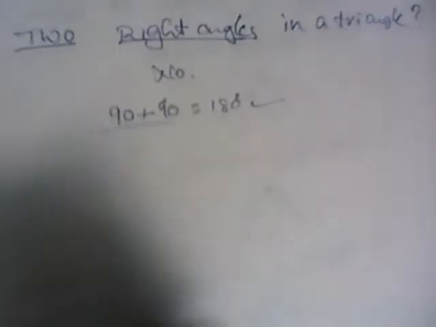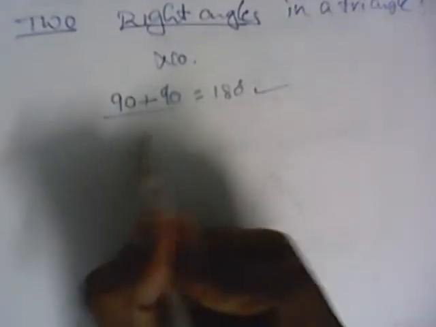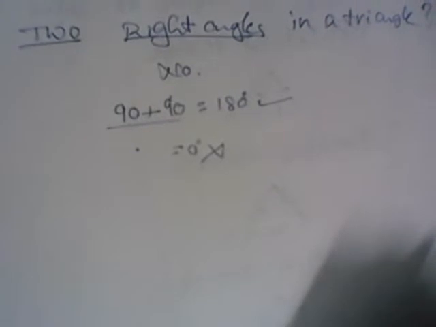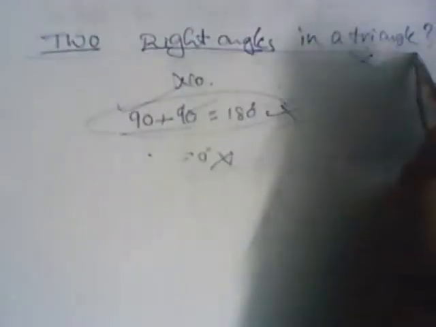But the triangle contains three angles. The next angle would have to be equal to 0. But no angle should be equal to 0. If any of the three angles is equal to 0, then there is no triangle. We can't form a triangle. So there is no chance of two right angles in a triangle.